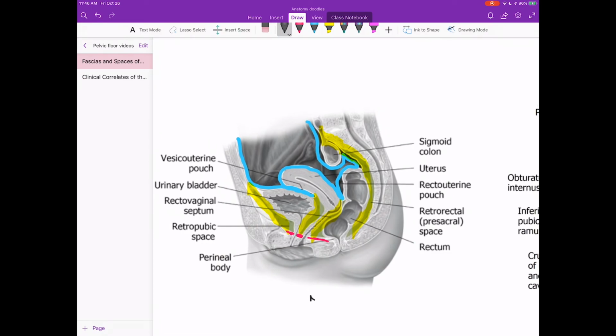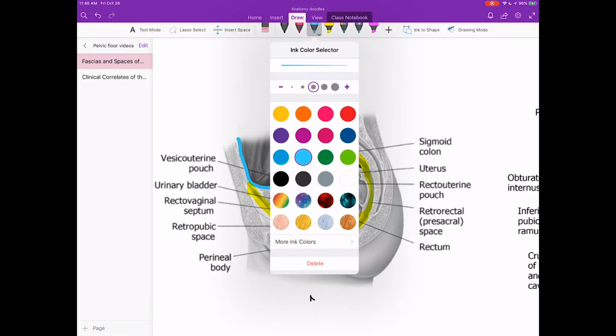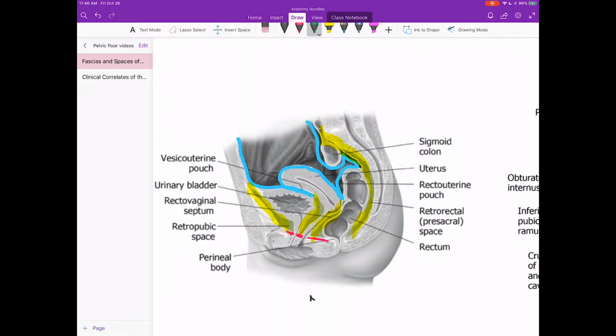So here, I think we're using green. Scarpa's fascia is this membranous fascia that is deep to Camper's fascia in the anterior abdominal wall. What it does is it comes down this way and will envelope the superficial space in this region, like this.